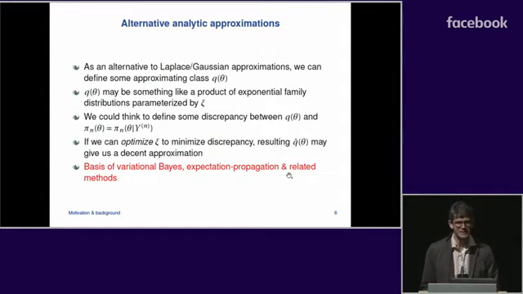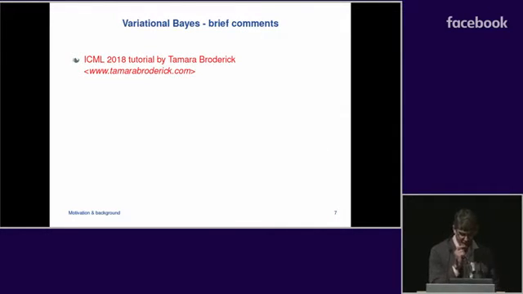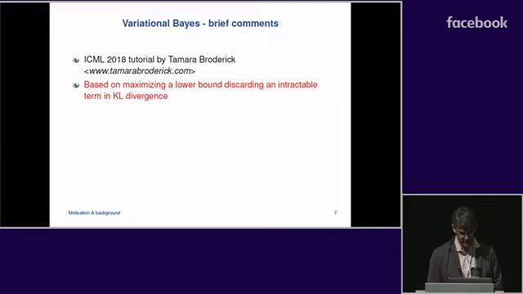There's been a really interesting recent literature generalizing variational Bayes to use Bregman divergences and alpha divergences instead of Kullback-Leibler. I'm not going to talk about that very much today, but it's a quite interesting area. In terms of variational Bayes, I would encourage you to look at Tamara Broderick's really nice ICML 2018 tutorial, where she gives a state-of-the-art overview on variational methods.